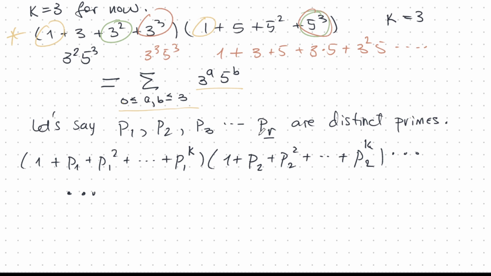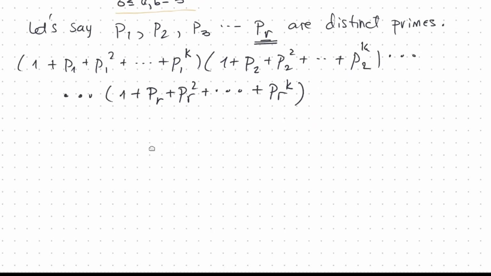I've got R factors because I have R primes. So the last factor is 1 plus PR plus PR squared plus and so on up to PR power K, like so.